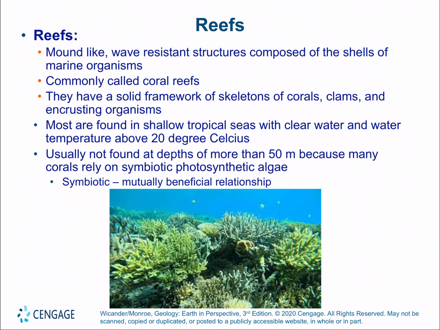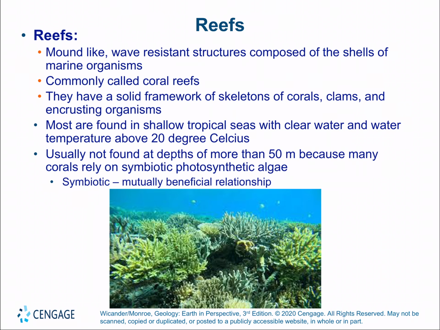Now, there are some requirements for carbonate reefs or coral reefs. They are typically found in your shallow tropical seas. You need clear water, and the water temperature has to be above 20 degrees Celsius. They're usually not found at depths of more than 50 meters because corals rely on what's known as a symbiotic photosynthetic algae.